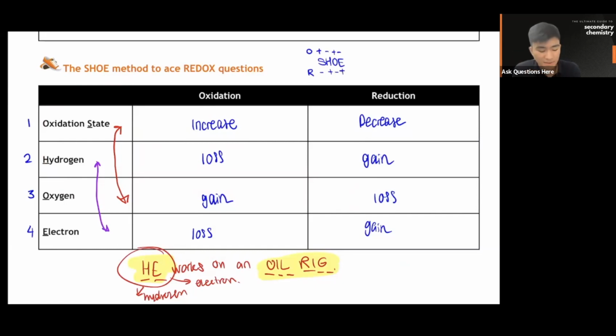What does this mean? Over here, for oxidation state, positive means oxidation, negative means reduction. For hydrogen, the loss is oxidation, gain is reduction, so oil rig. You write this down, and then you are able to deduce the table very quickly. So, exam techniques for you.